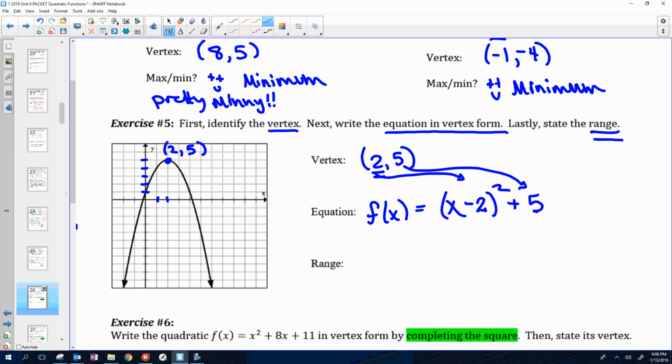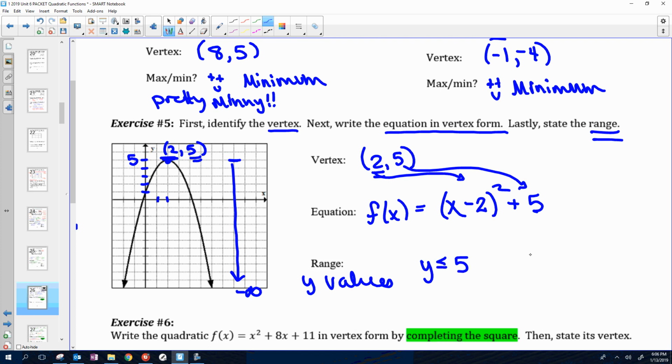And lastly, state the range. The range, if you remember, is the y values. So all the y values fall from this highest point down to -infinity. So you could say the highest point is 5, right? That's the maximum value. So you could say y is less than or equal to 5.